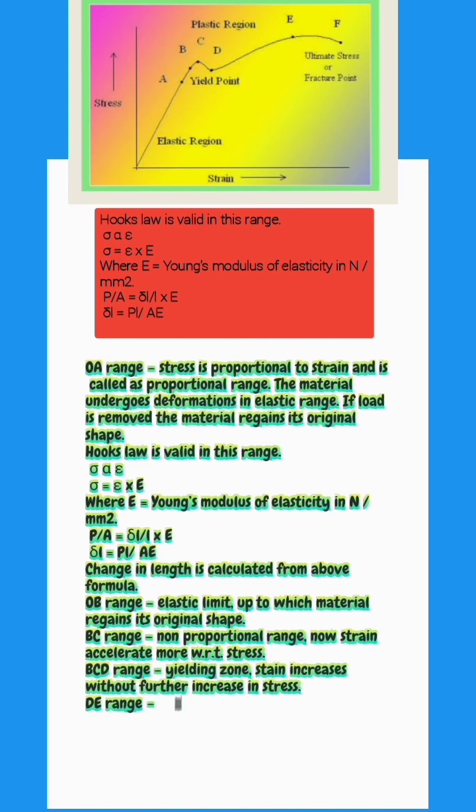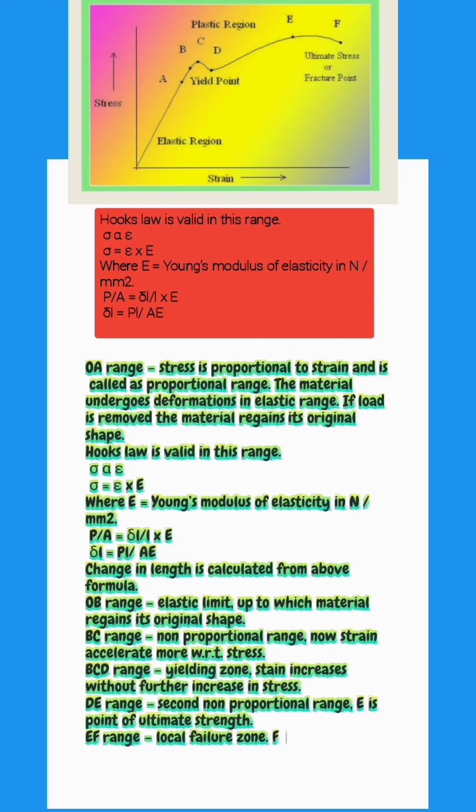BCD range. Yielding zone, strain increases without further increase in stress. From point B onwards, plastic deformations start. BA range. Second non-proportional range. A is point of waist or neck formation over critical section of the specimen.